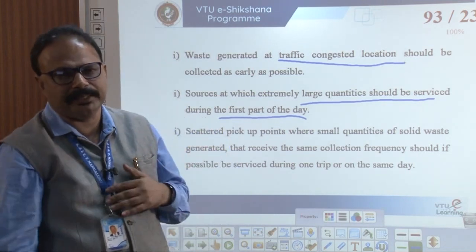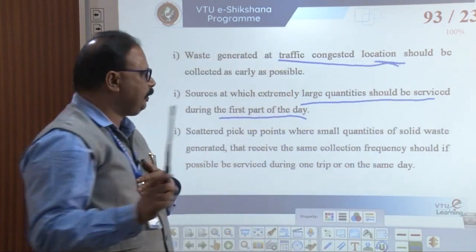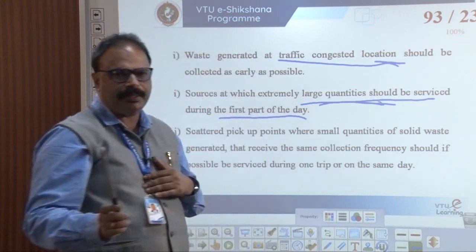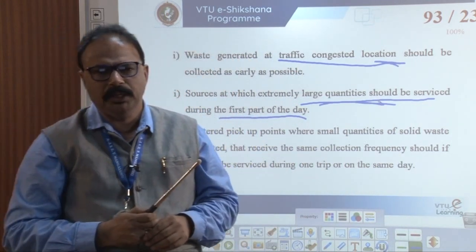This is very, very important. Where a large quantity of waste is available, we have to collect in the morning.